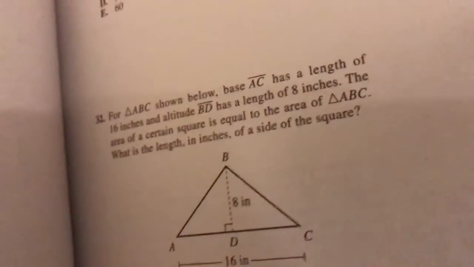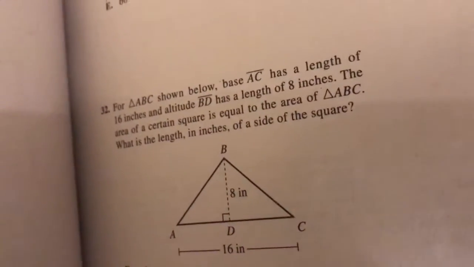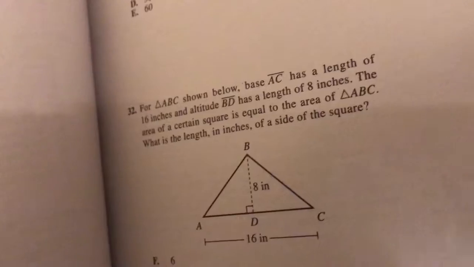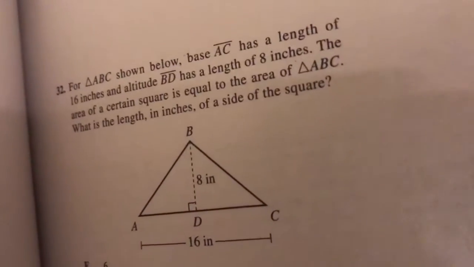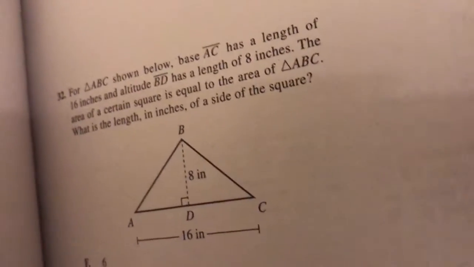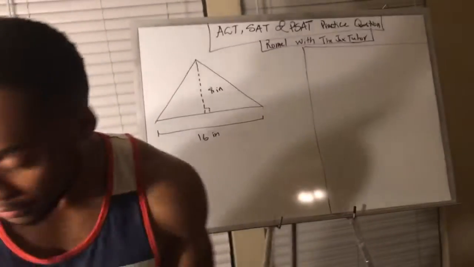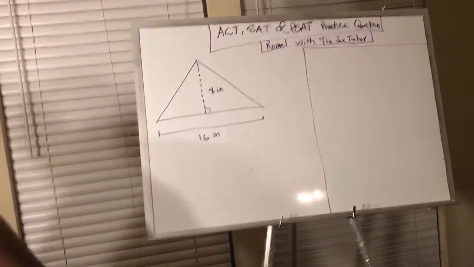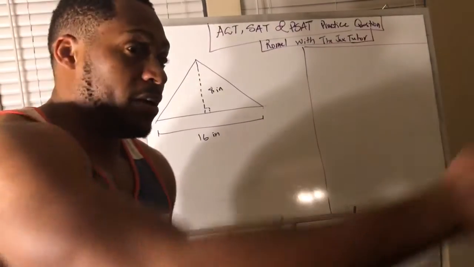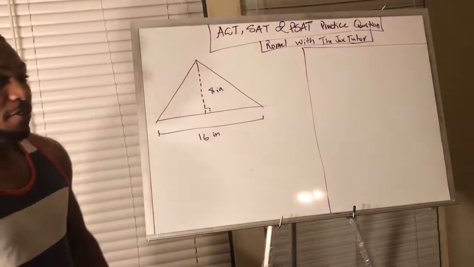Actually the square, sorry. There's a square out there that has the same area as this triangle they're showing us here. They ask, what is the dimension of the side of this square? Maybe I should have read that for you.